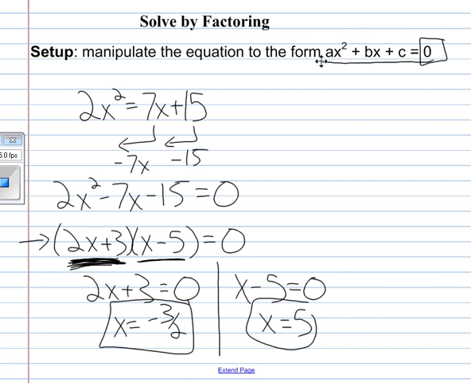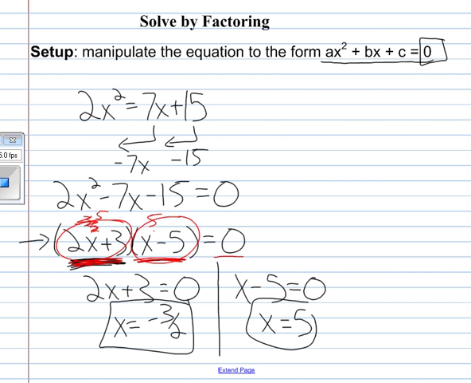So if I plug in the negative 3 halves, this factor is 0, and 0 times no matter what this is equals 0. Likewise, if I plug in 5 here, and then the 5 would go in here as well, this is going to give me 0, and it doesn't matter what this gives me, because 0 times whatever equals 0. So that's how factoring works.